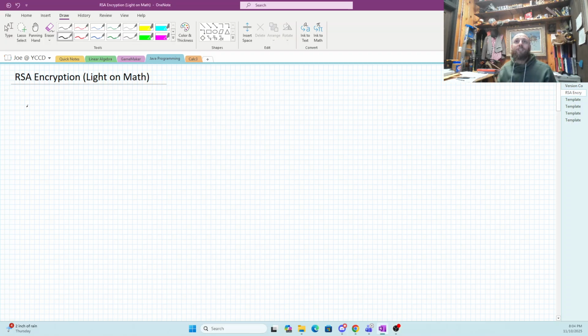All right, so here's essentially how the RSA encryption algorithm works. Step one, we need to choose a pair of big primes.